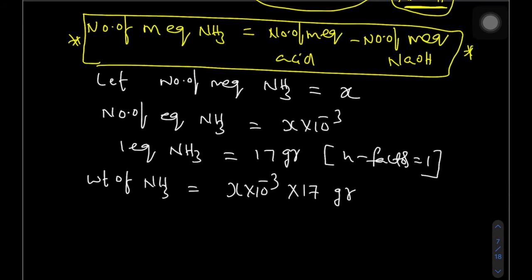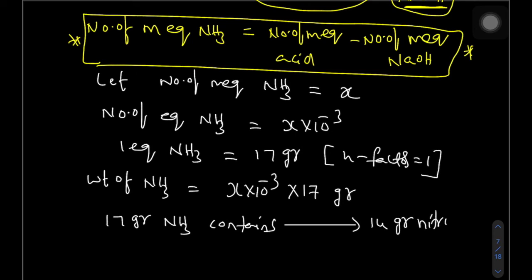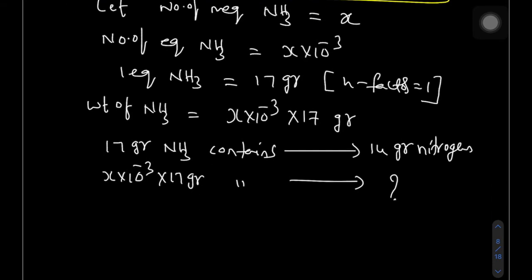Once we know the weight of ammonia, we can find the percentage of nitrogen. How? 17 grams of ammonia contains how many grams of nitrogen? 14 grams nitrogen. Yes or no? Now the given ammonia is how many grams? x into 10 raised to minus 3 into 17 grams ammonia. How many grams of nitrogen will it contain?